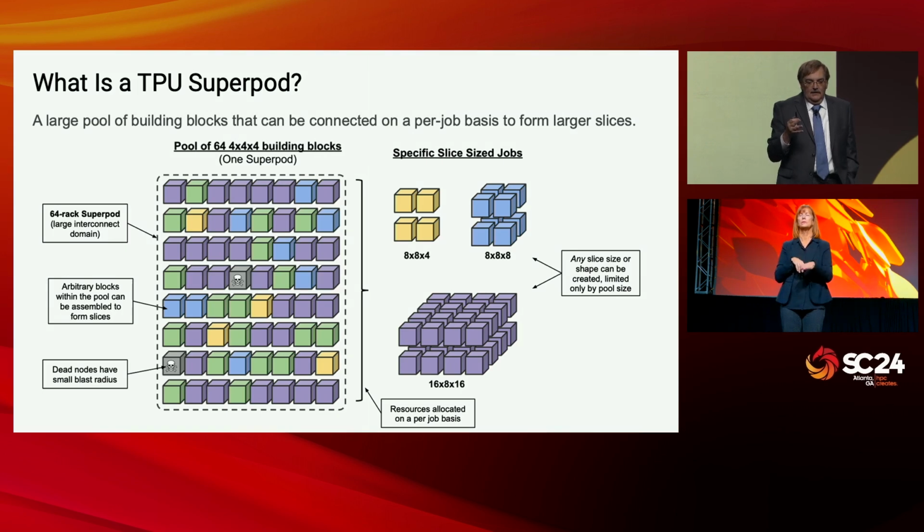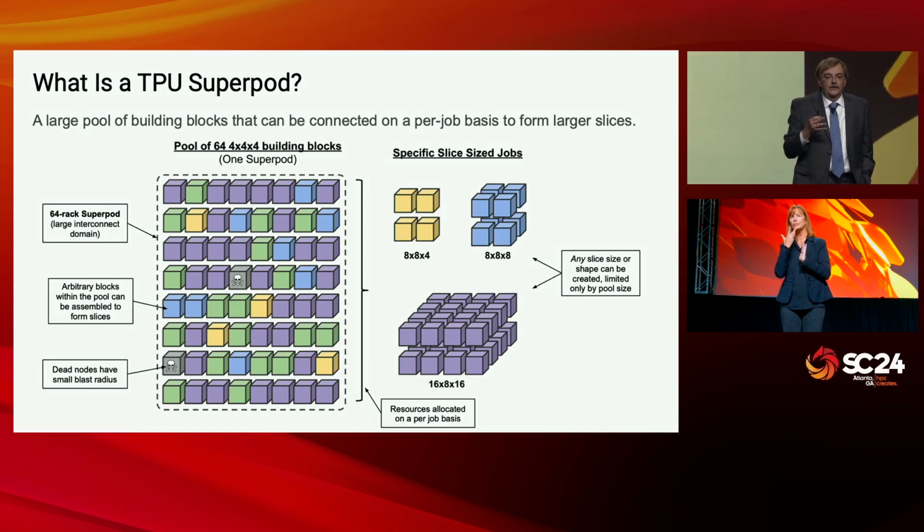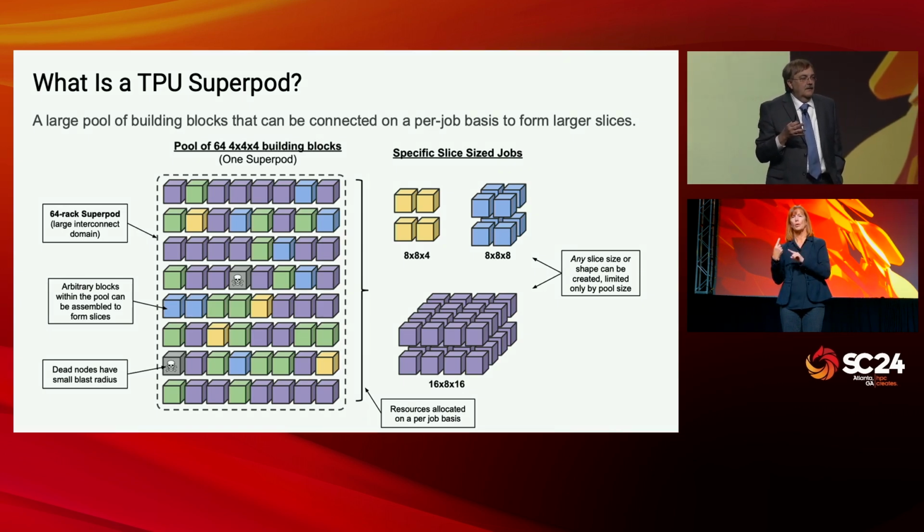Others might want a 16 by 8 by 16. We actually have some models that prefer 32 by 1 by 1, believe it or not, and they form a pipeline along the 32 dimension of layers that are 4 by 4 TPUs. So that's one rack.